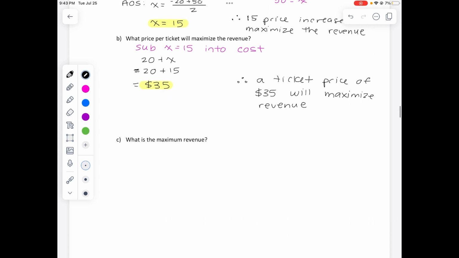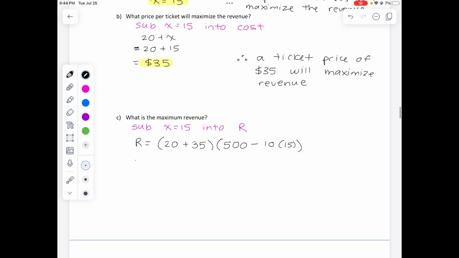And then the last part here is I'm asking what is the actual revenue. So in this case I want to sub x equals 15 into R, my equation for R. So I'll have R equals, I already showed this part with it subbed in, but I'm just going to show it again. So 20 plus 15, and then my other bracket was 500 minus 10 times 15.